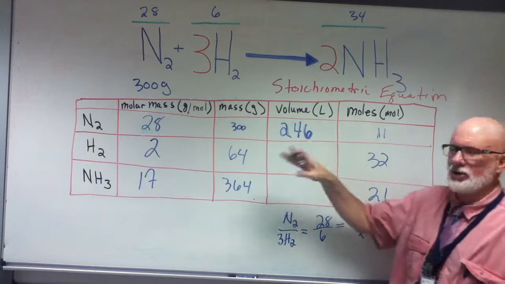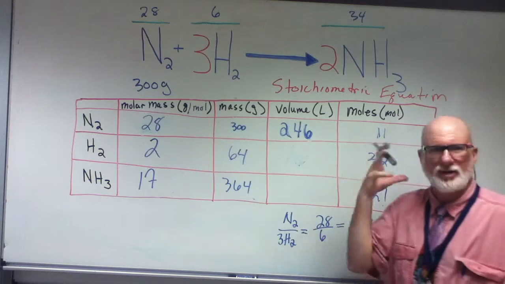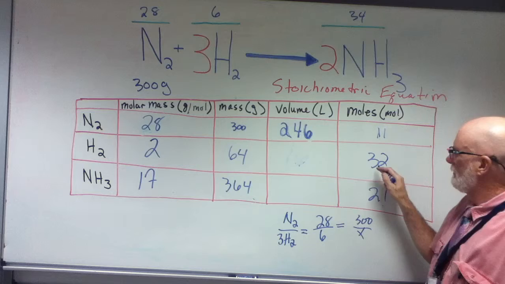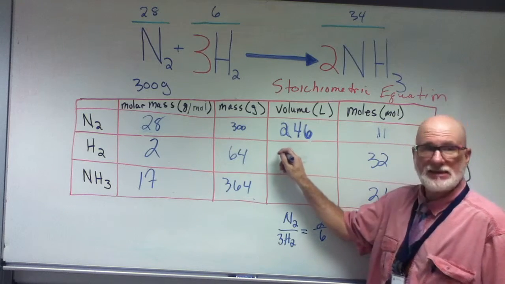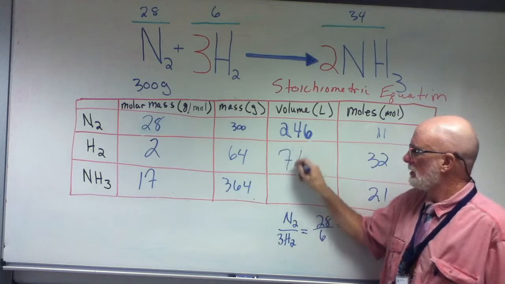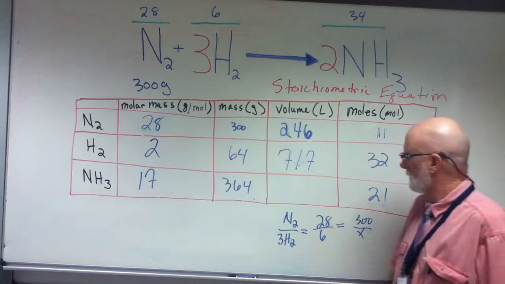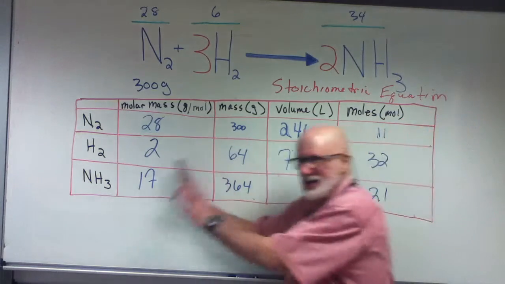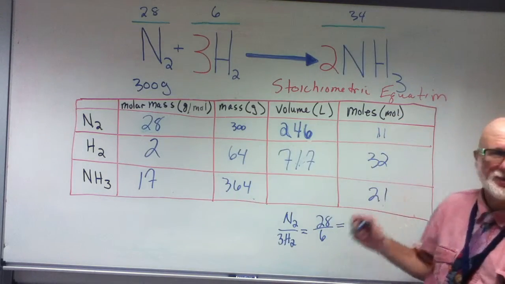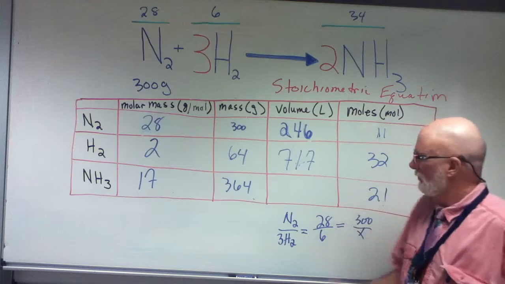I'm dividing by 2, I'm rushing through this and I'm losing my mind. 32 times 22.4. 717. Yeah. All right. 21 times, sorry, I'm going over here again. 21 times 22.4. 470.